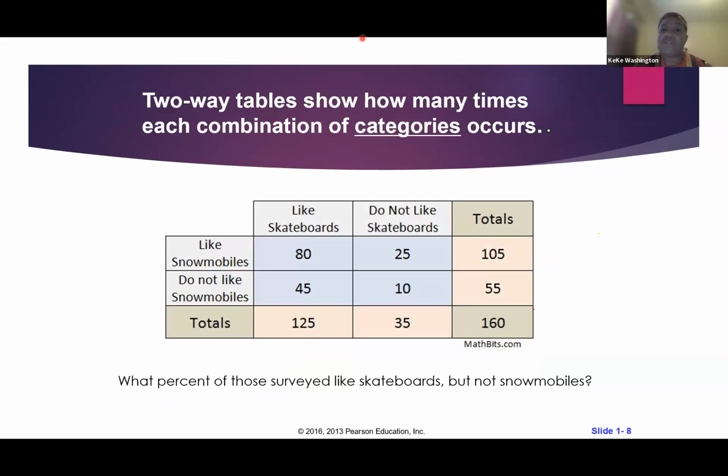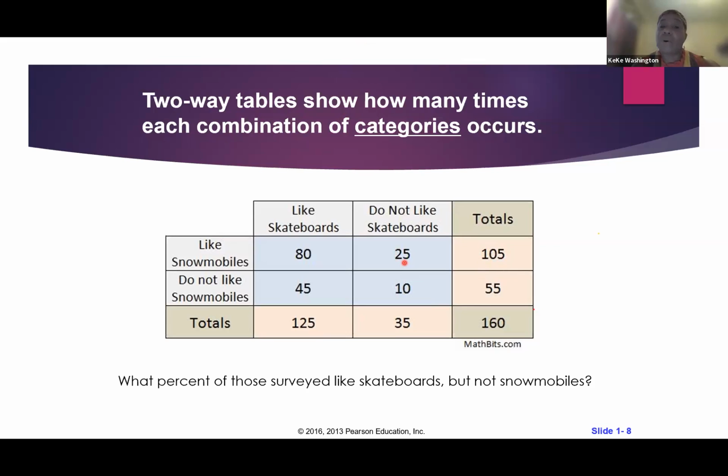Be able to tell me the frequency, that's just how many. For example, if I stated, how many people like snowmobiles, then there's 105 of them that like snowmobiles. Well, what about the ones that like snowmobiles but do not like skateboards, where there's 25 of them? So that's the count or the frequency.